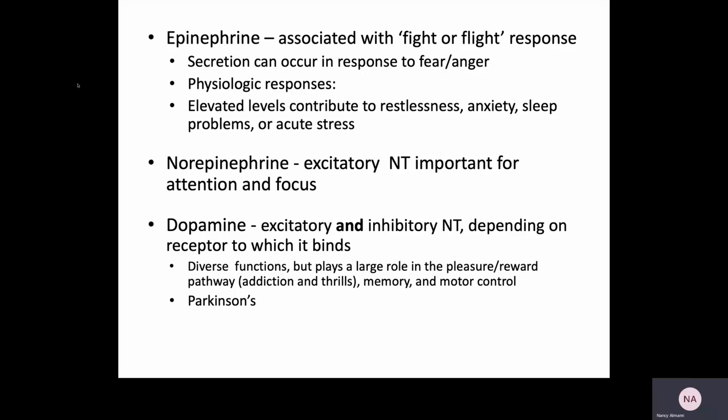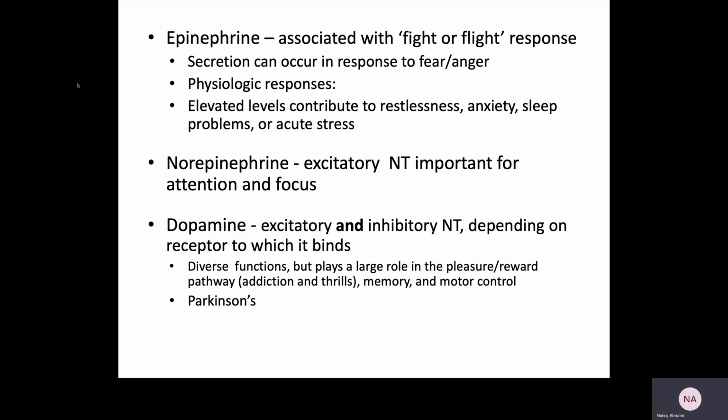If you have chronically elevated levels, you may be restless, you may be anxious, you might have sleep problems, or in acute situations, they will trigger the responses of acute stress.